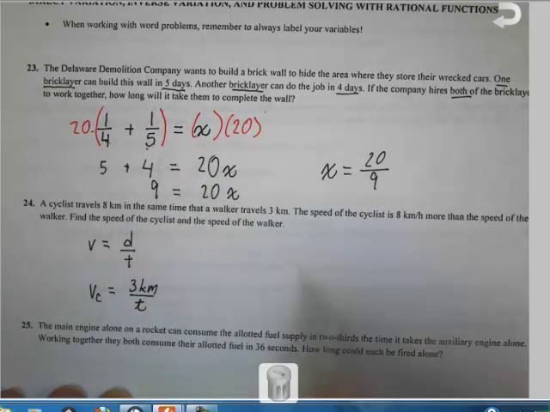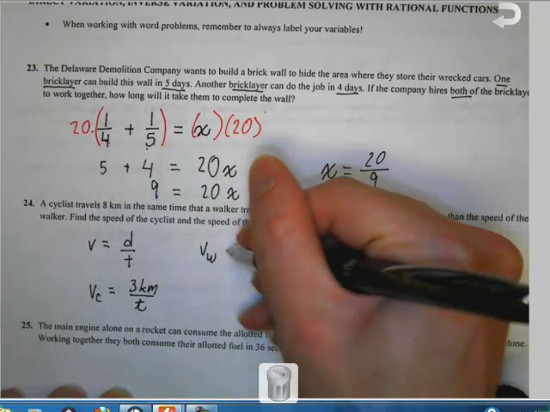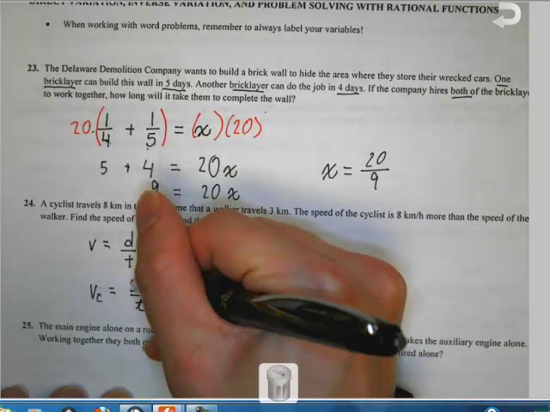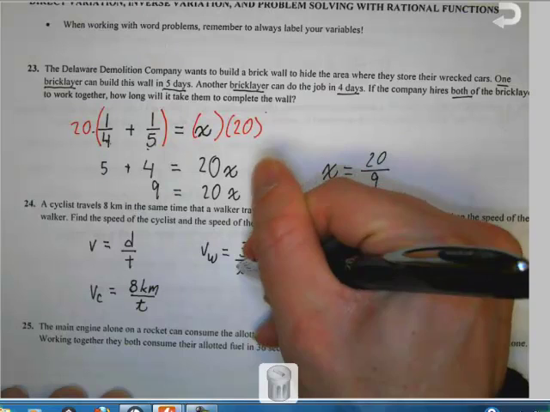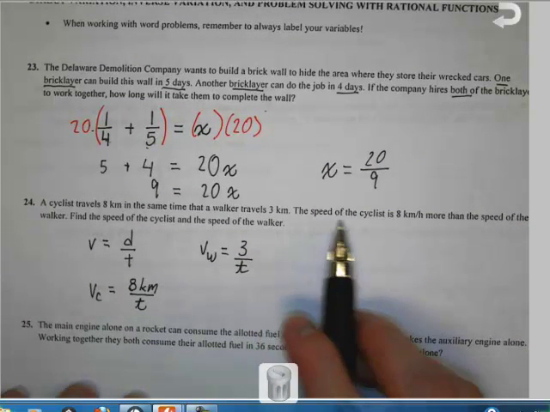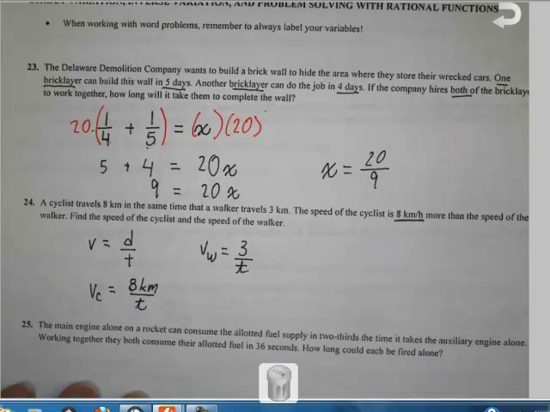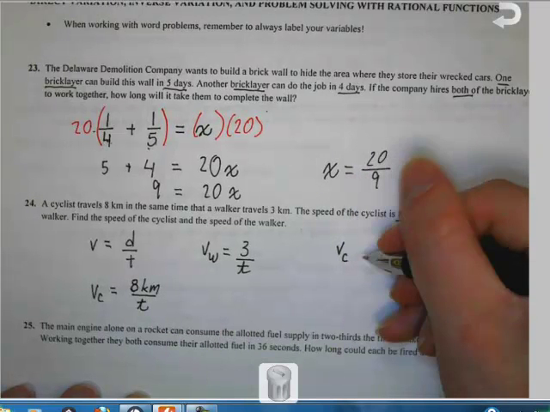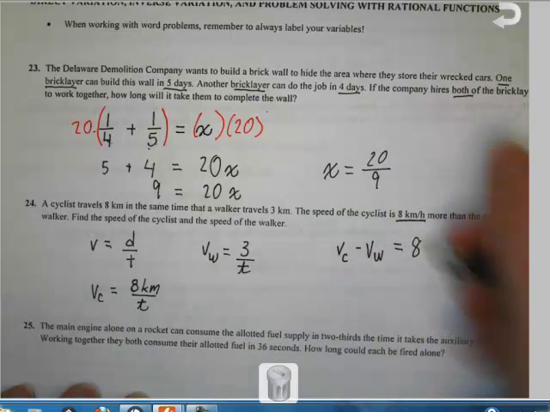Then you also have the velocity of the walker: the cyclist travels 8 and the walker travels 3, both in the same time. Now, the cyclist goes 8 kilometers per hour more than the walker, which is to say that VC minus VW is equal to 8.